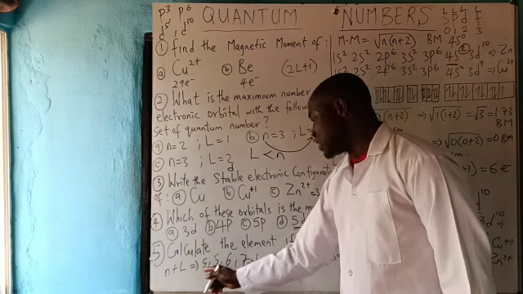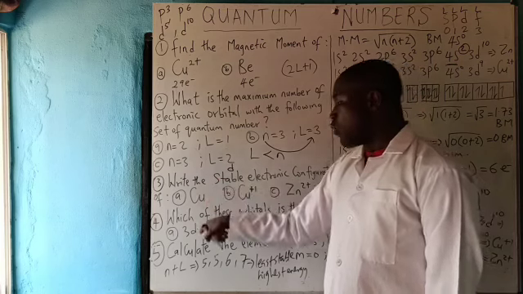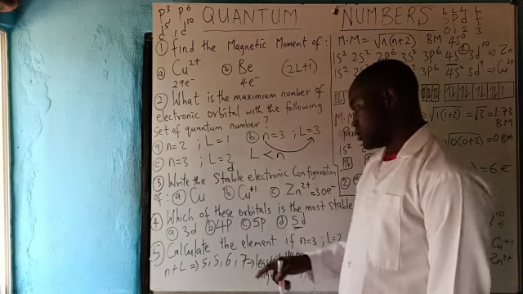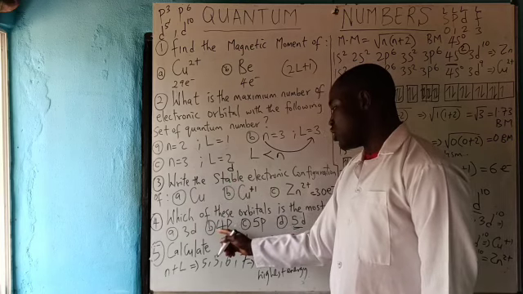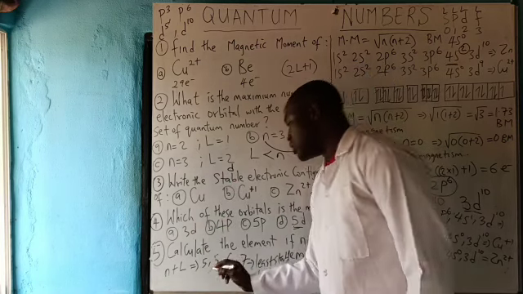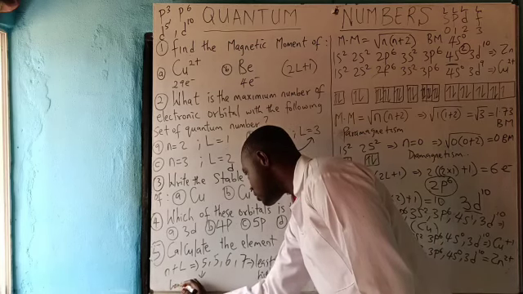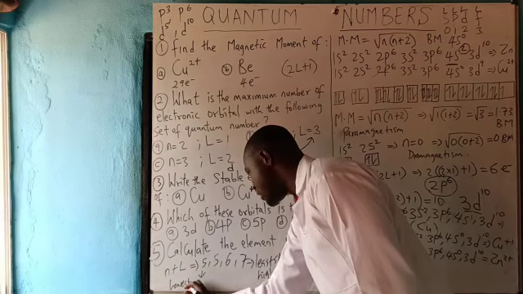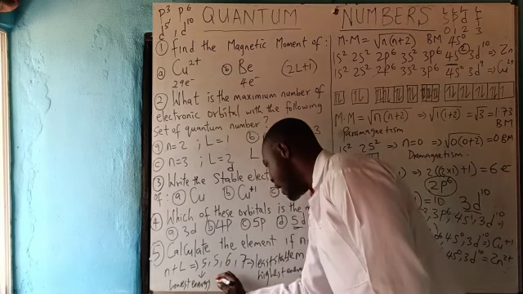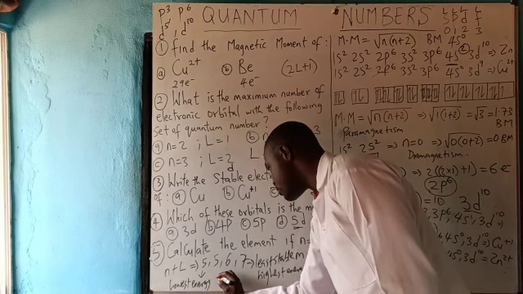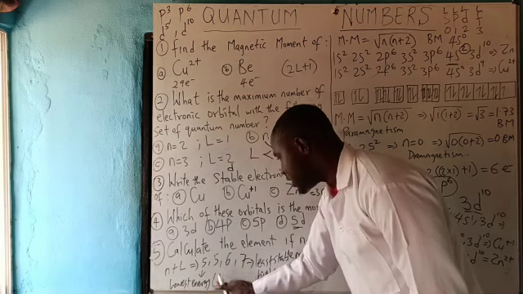Now between this and this, which one should be taken to be the lowest energy? The one with the lower value of N is said to be the lowest energy. So N of this is 3, while N of this is 4. This is lowest energy, hence most stable.